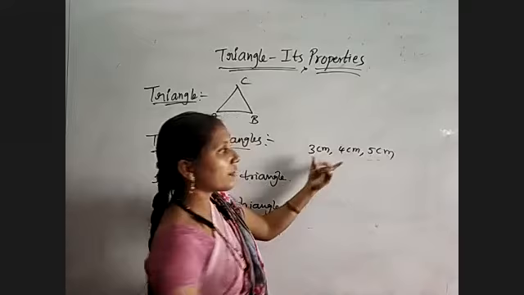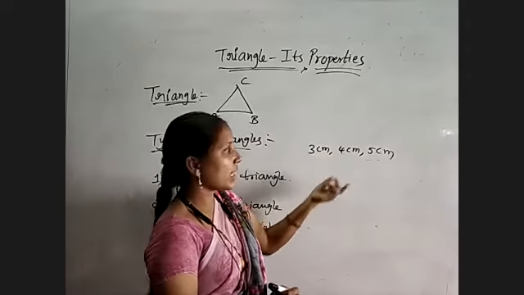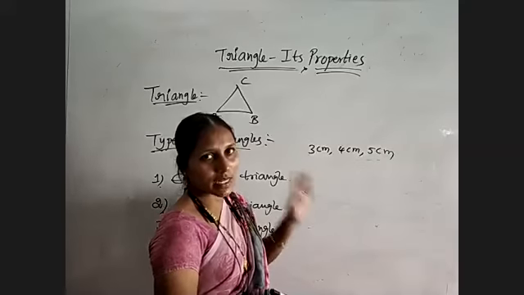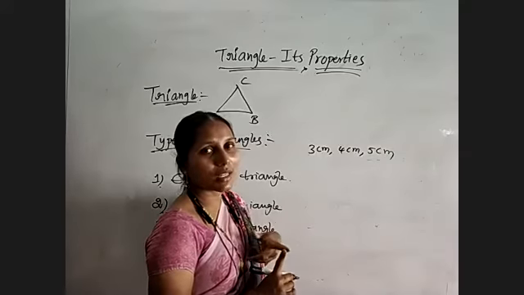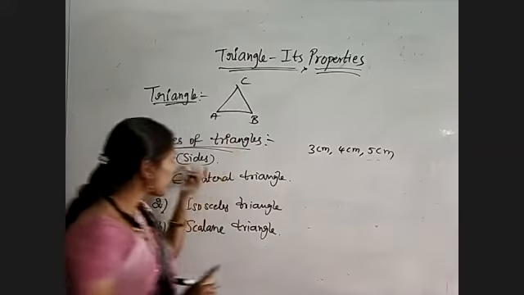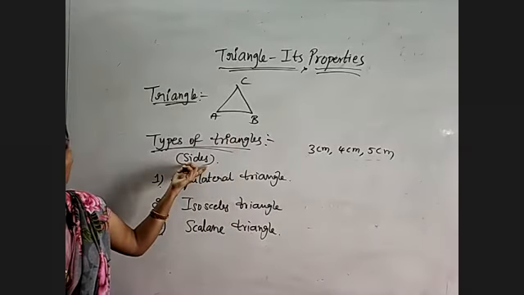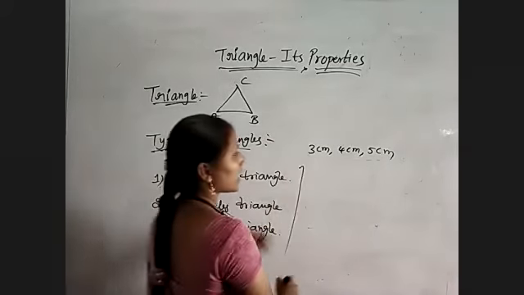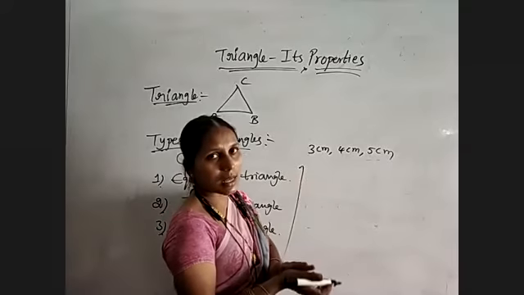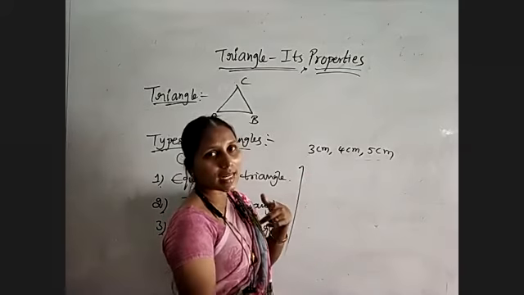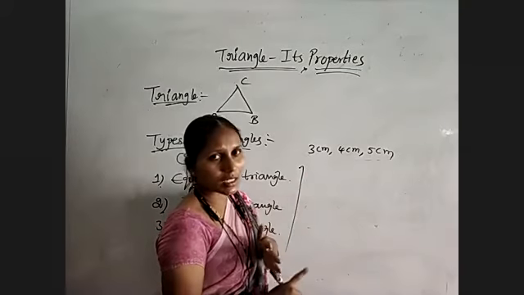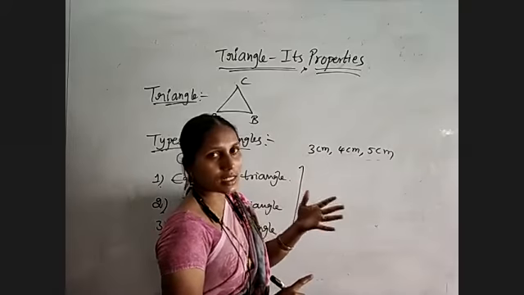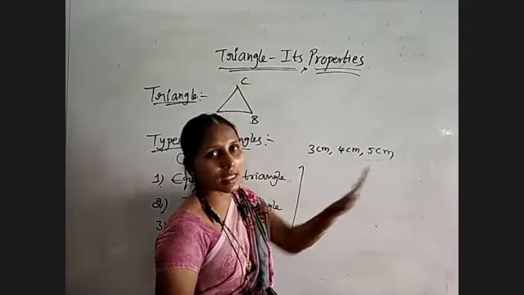So here every side is different. But before telling which type of triangle it is, we need to observe their properties also. Depending on sides, we have two types of properties. What are those? If you take the sum of any two sides, that must be greater than the third side. If instead of the sum you take the difference, in that case, that should be lesser than the third side.